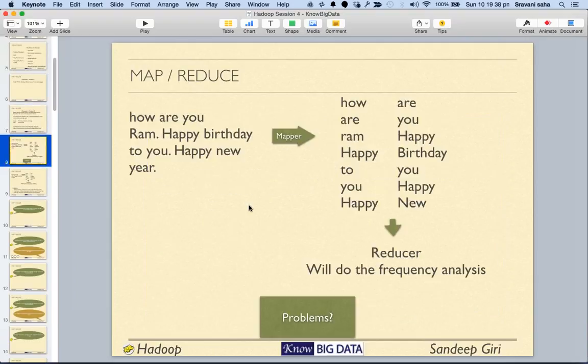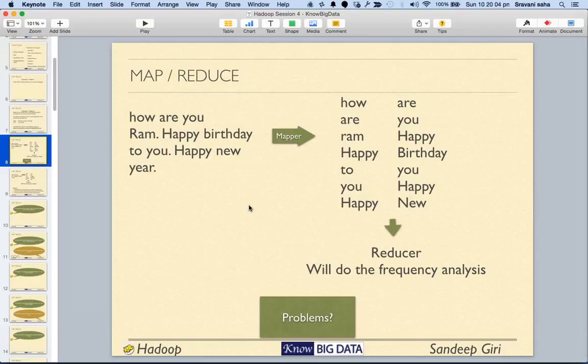Great, great. So this is the approach we are going to take. In the mapper, our map function is going to be called on each line at a time, and the mapper is going to break down the line into words and give out each word as the key and its next word as the value.